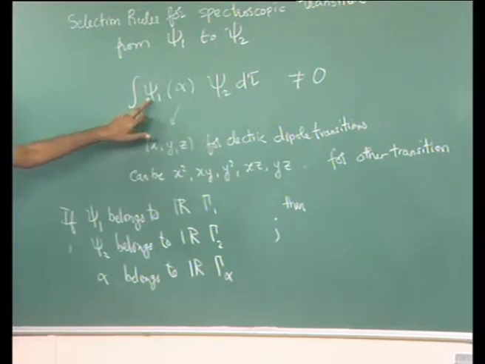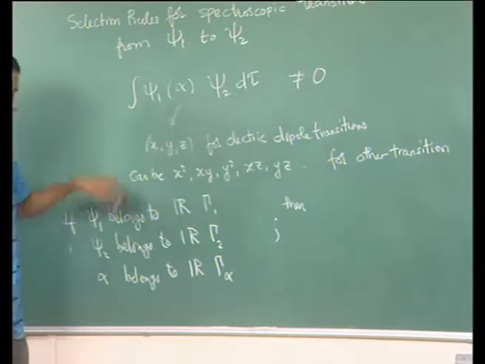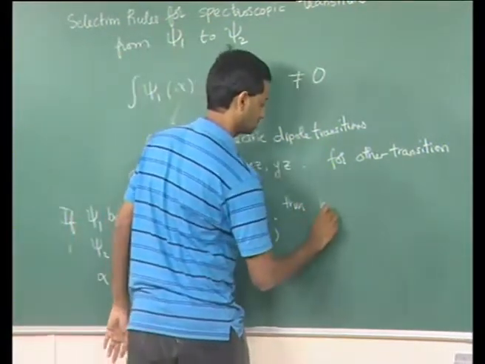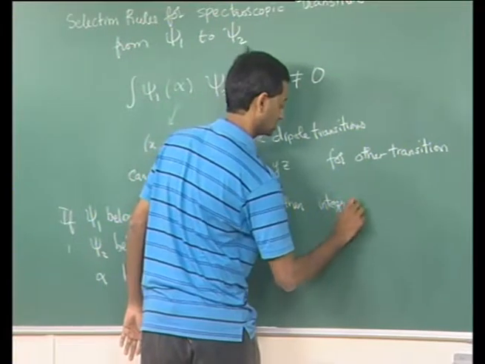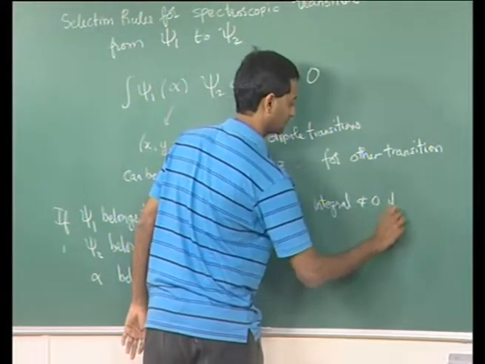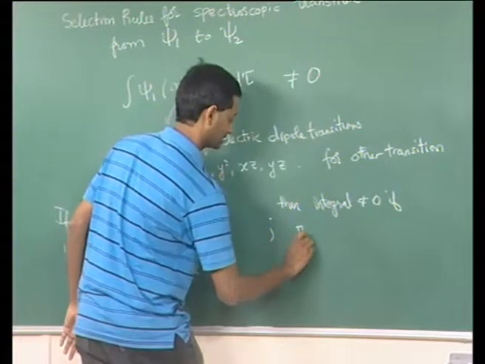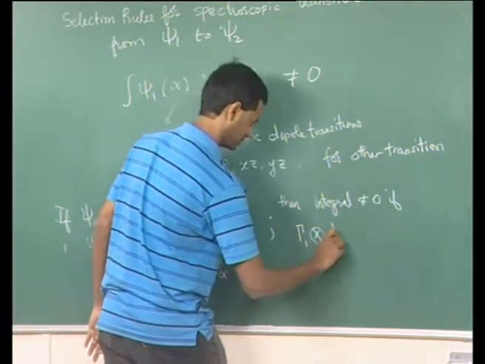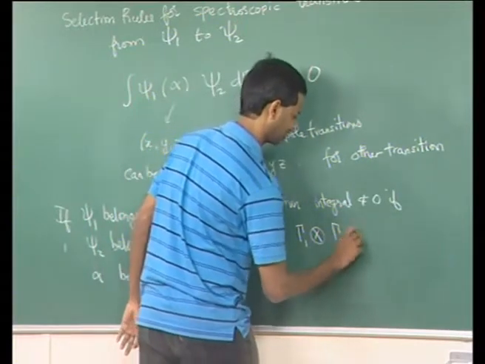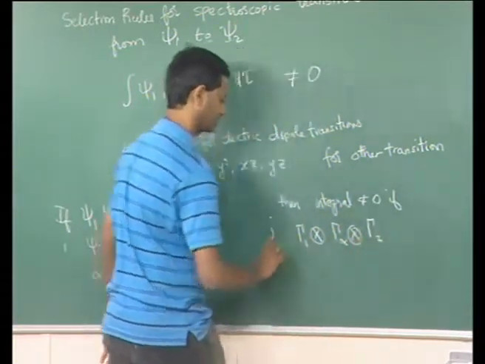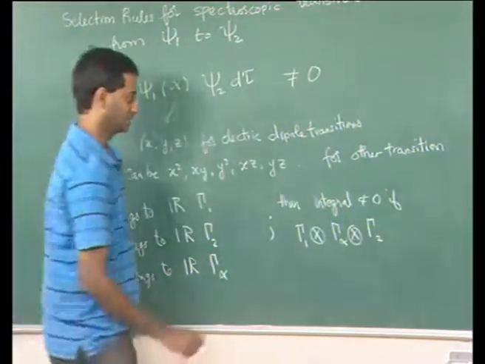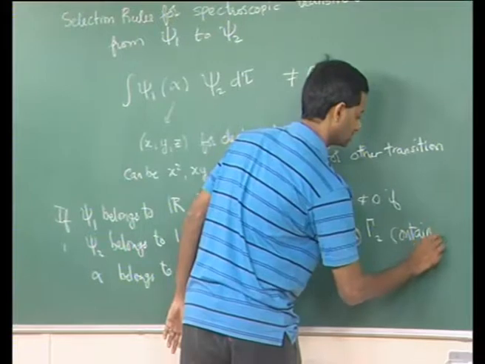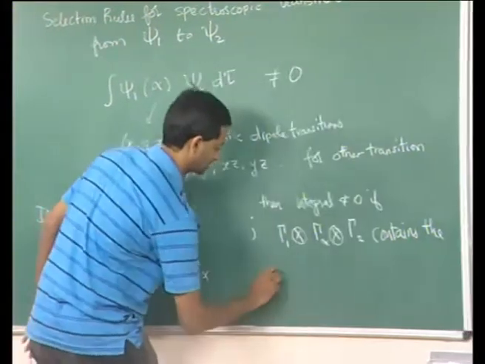will be non-zero only if the integral is not equal to 0 when gamma 1 direct product with gamma alpha direct product with gamma 2 contains the totally symmetric representation.